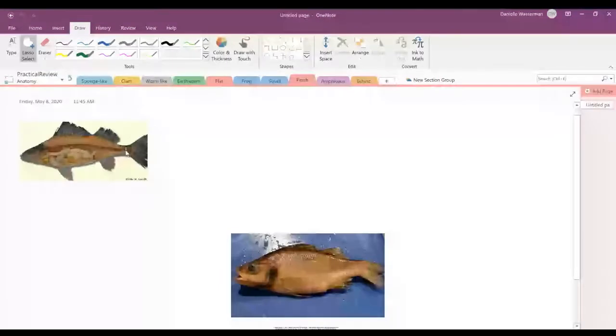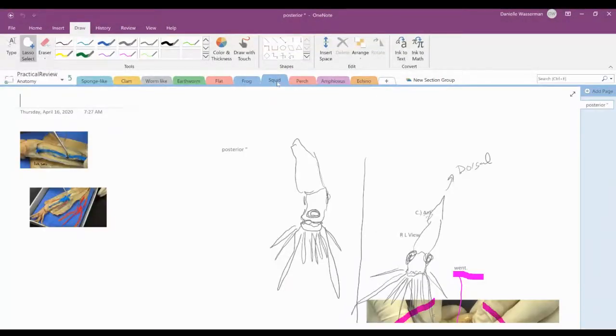Perch is very fresh, so I'm going to skip that. But squid may benefit you to also know the surfaces of the squid. So dorsal for the squid is up top at the end of the fin. Ventral is the surface where the mouth is.